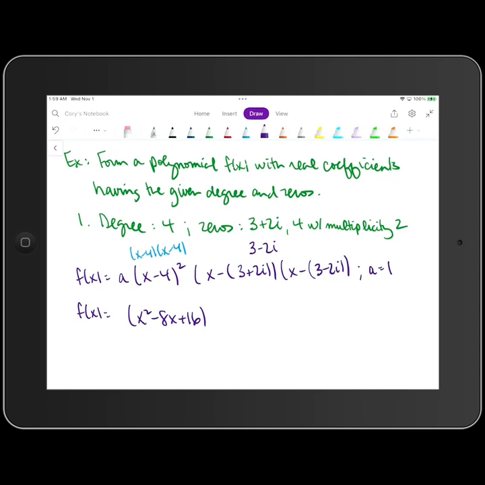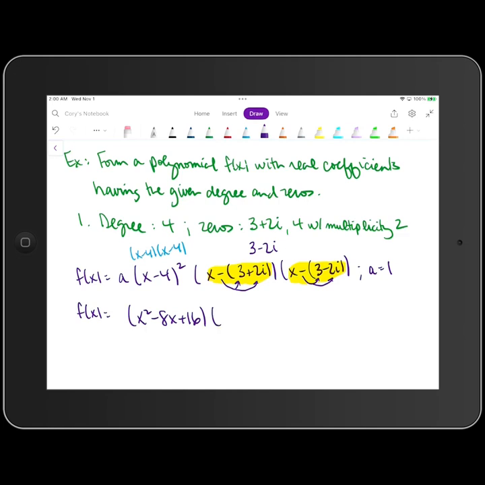Okay, now when I look at multiplying out these two quantities, that's going to be extremely messy. Okay, so I'm going to teach you a little trick to make multiplying that out significantly easier. Okay, so first thing I'm going to do is distribute the negative here across both sets of terms.